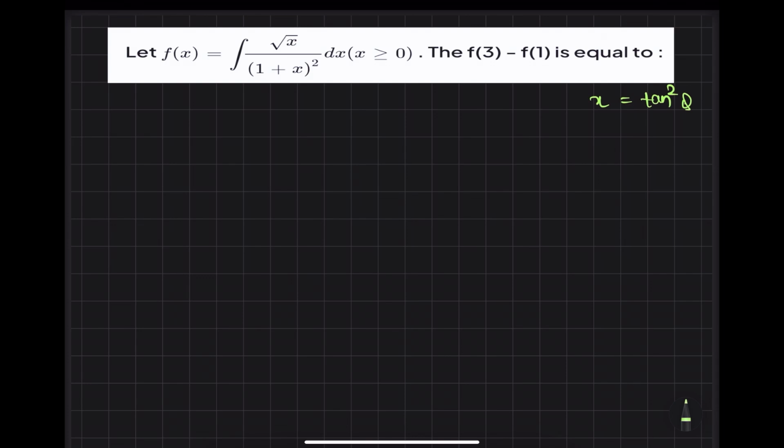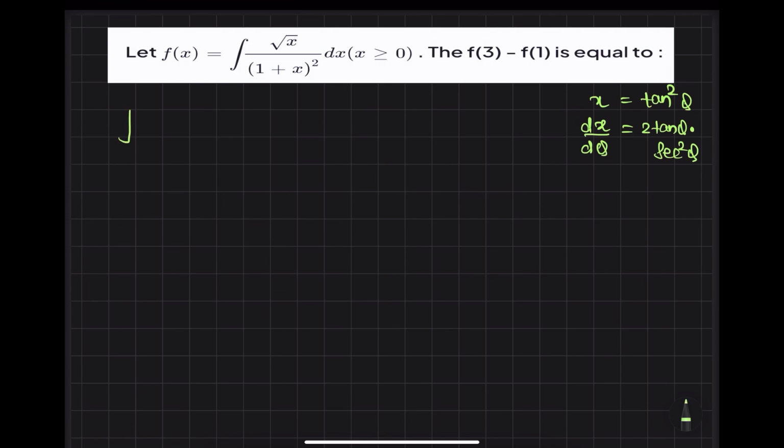First find the differentiation, so it is dx by d theta. We differentiate with respect to theta. What is the differentiation of tan square theta? It will become 2 tan theta, and then the differentiation of tan theta is sec square theta. Now be super slow.